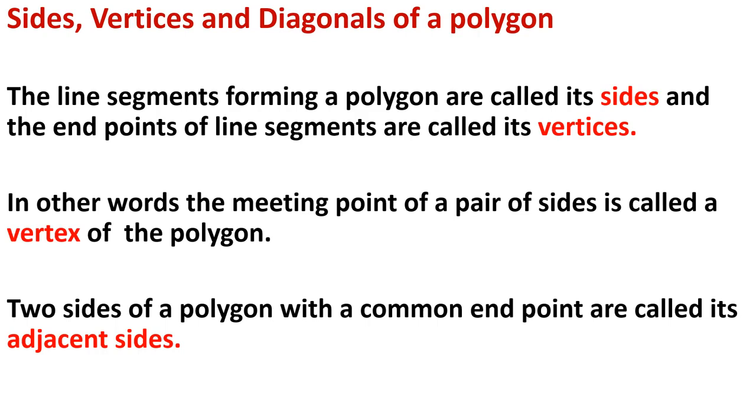Now we will learn sides, vertices and diagonals of a polygon. What are sides? Sides are only the line segments by which we are forming the polygon. The line segments forming a polygon are called its sides.